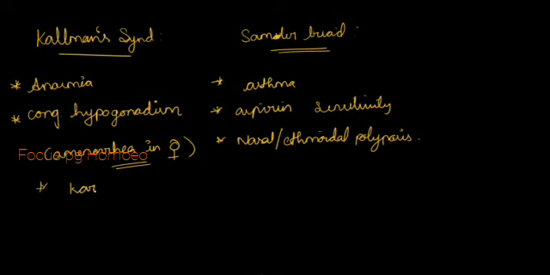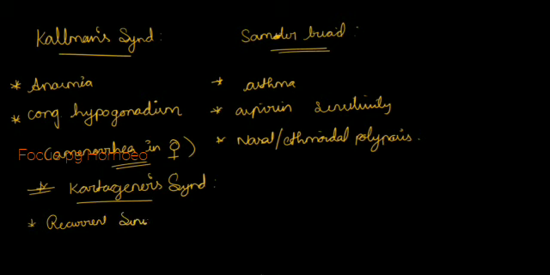And regarding Kartagener syndrome, here in case of Kartagener syndrome, we will have recurrent sinusitis, bronchiectasis, and then at last situs inversus, that is dextrocardia will be seen.